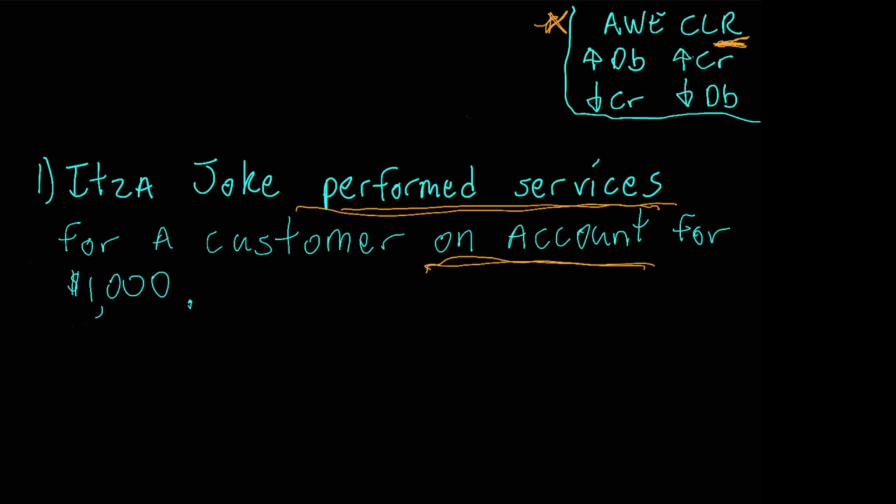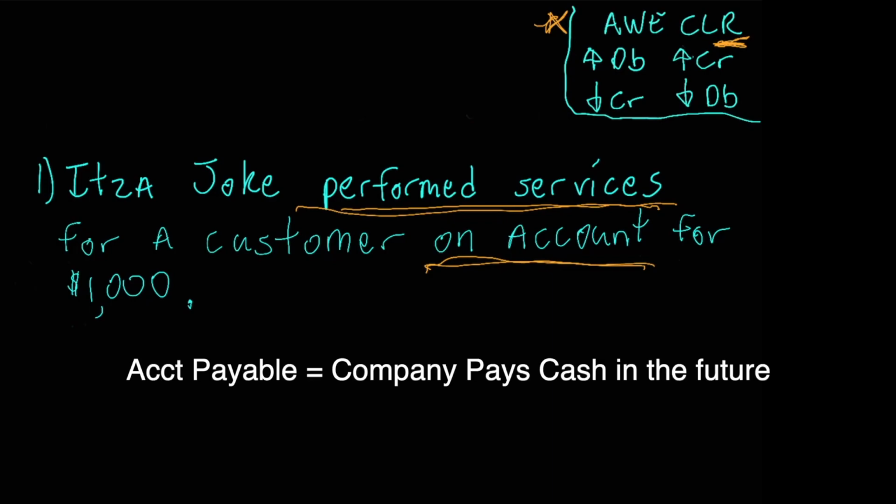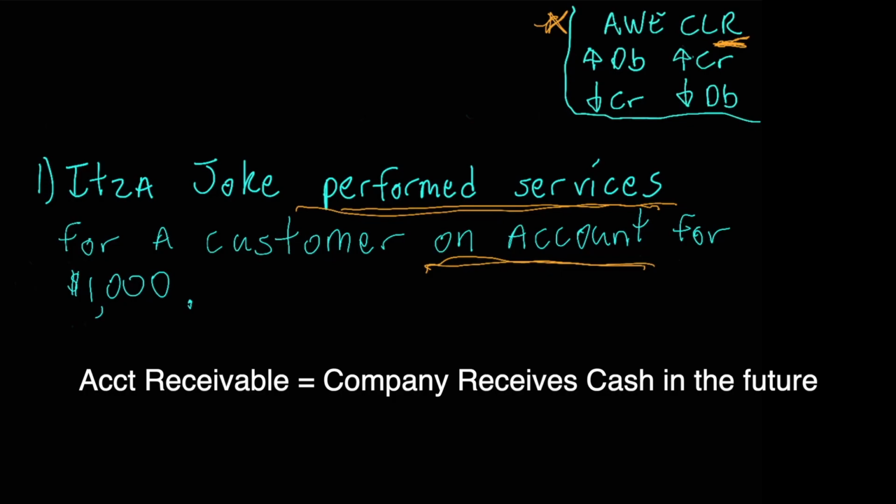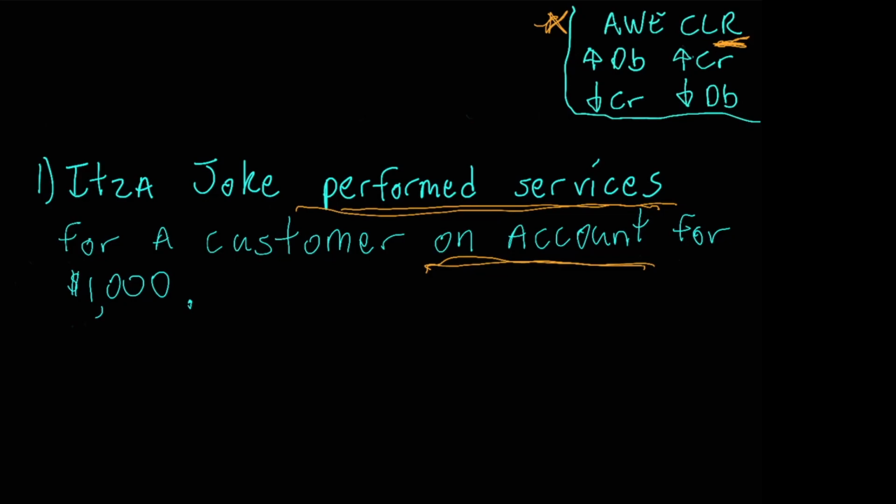Accounts payable is an account you set up to pay cash in the future, particularly for something that you purchase. On the other hand, accounts receivable is an account that you set up to receive cash in the future. Therefore, we provided services to a customer and we need to set up an account to receive cash in the future from that customer.